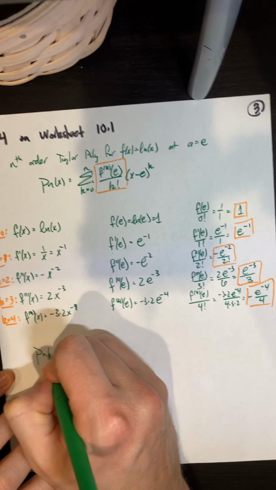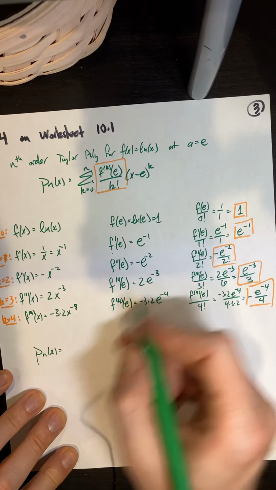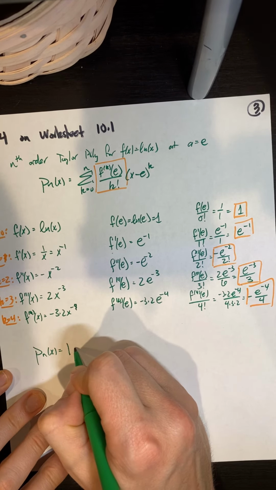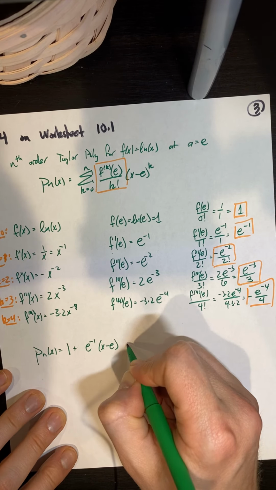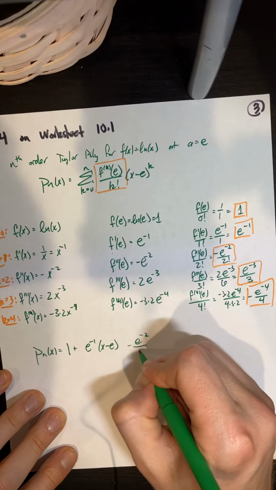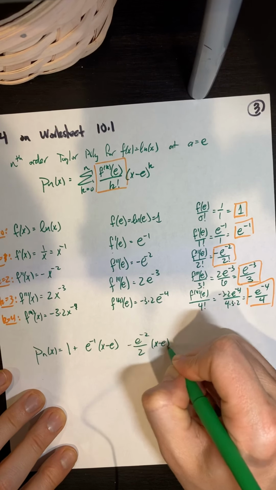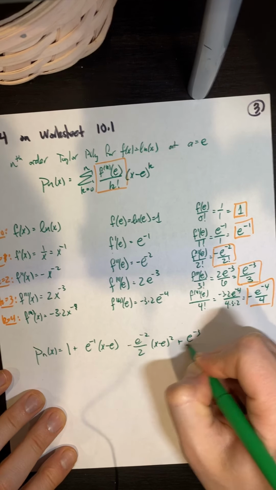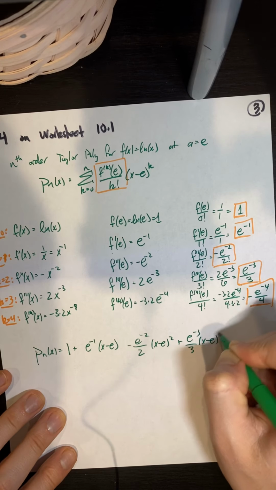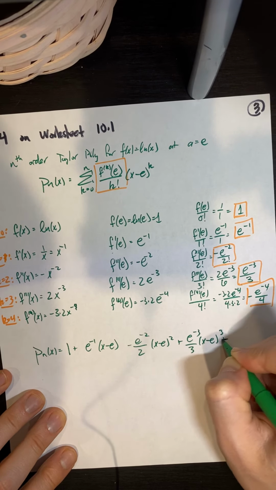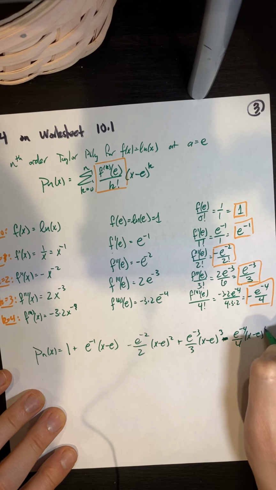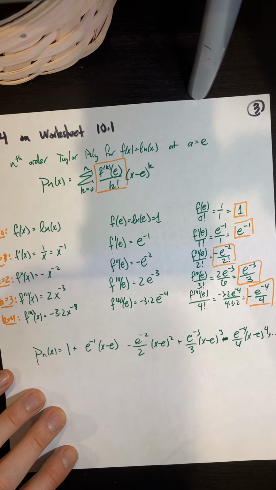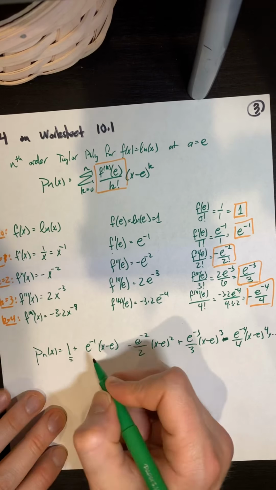So look at this. I could write Pn of x, the first few terms would be 1 plus e to the negative 1, x minus e, minus e to the negative 2 over 2, x minus e squared, plus e to the negative 3 over 3, x minus e cubed, minus e to the negative 4 over 4, x minus e to the 4th. Correct? So I'm going to leave this guy alone.